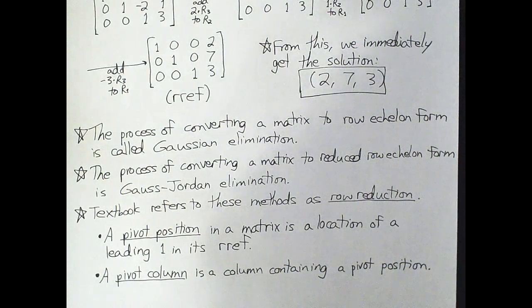If you've ever done any programming, maybe you could imagine how you have arrays of numbers and rectangular grids of numbers are very easy for computers to work with. So the book looks at row reduction from the perspective of a very standardized algorithm. It's like, do this, do this, do this, do this, and eventually you get to the result.